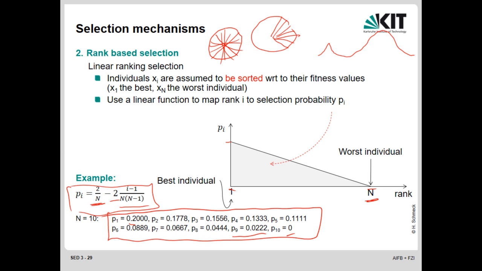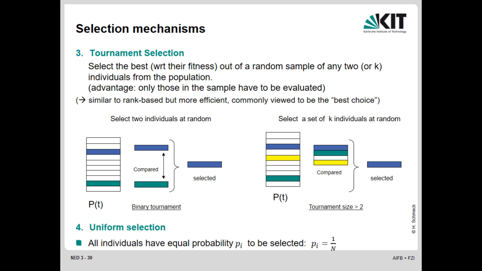But this is independent of the absolute values or absolute differences between the elements. It's only based on ranking. So it is avoiding those two problems that are indicated there.